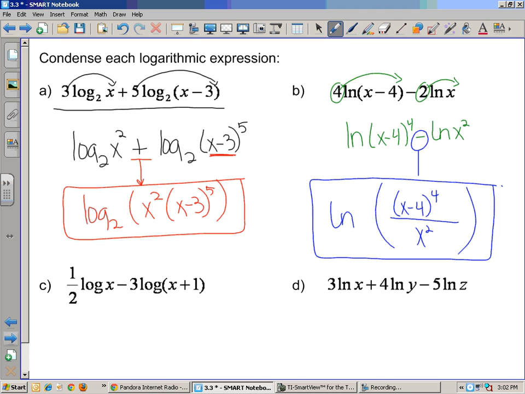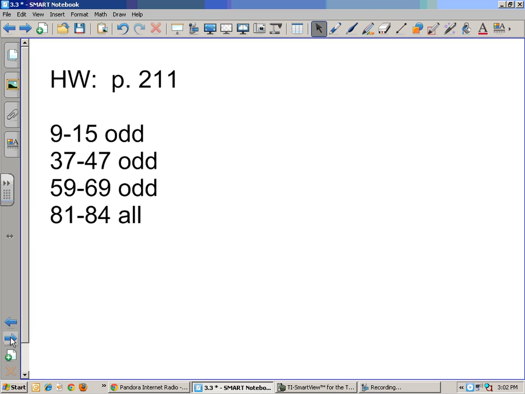You do not make that be division. Notice that this is a natural log minus a natural log. Then I can convert it to division. Okay, I want you to do C and D and bring those to class on Thursday. So I'm now checking 4 examples when you come to class on Thursday.